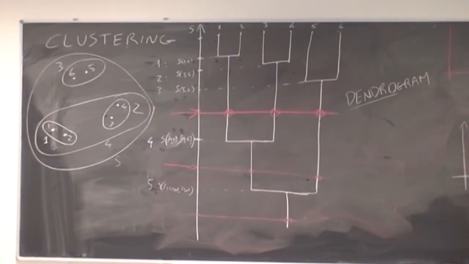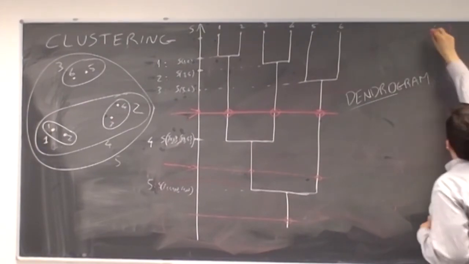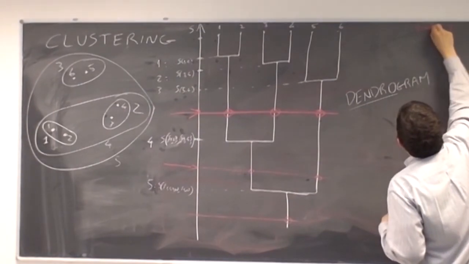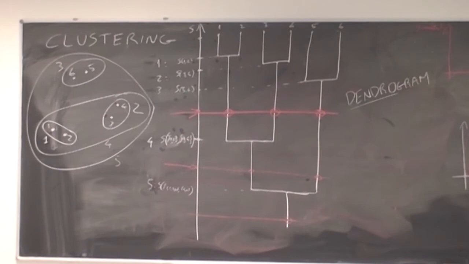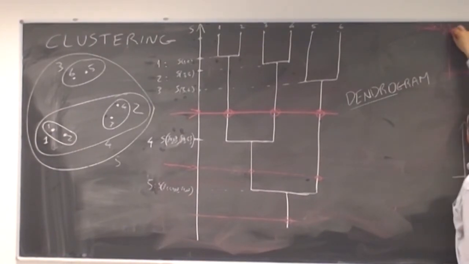If you draw here the step and here the similarity of the elements that you are going to merge, you start with a high similarity, then somehow you find a sharp drop in similarity when you start merging clusters that are far apart.